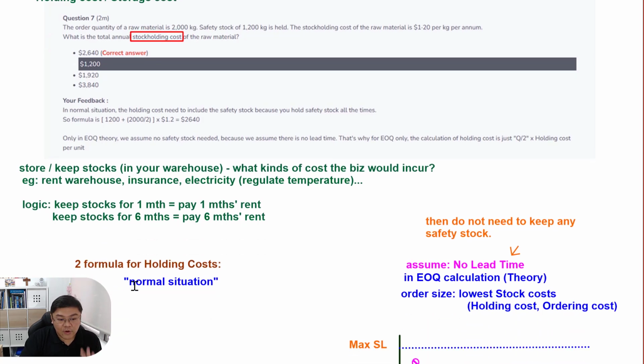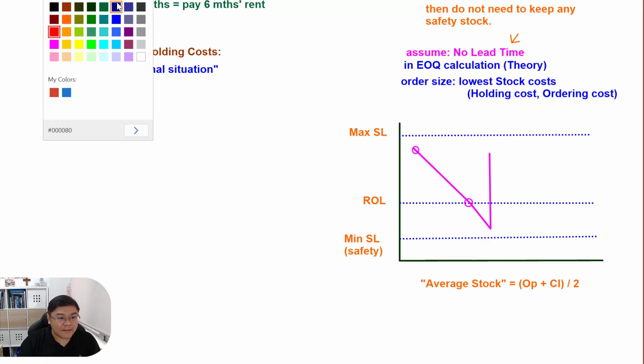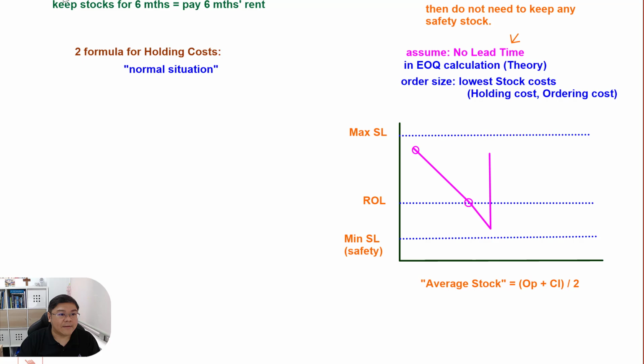Now, in a normal situation, the safety stock is assumed to be always there, because you have to maintain the minimum. No matter what, you will always keep this stock. So this quantity will always be in the store throughout the year. Then you will still continue to have this graph: from the top it goes down, goes up, goes down, goes up.